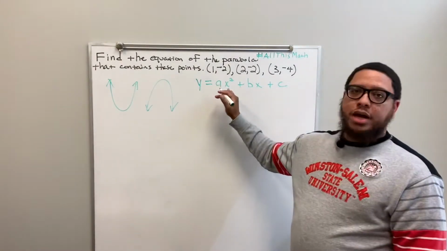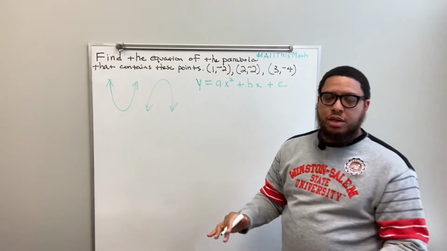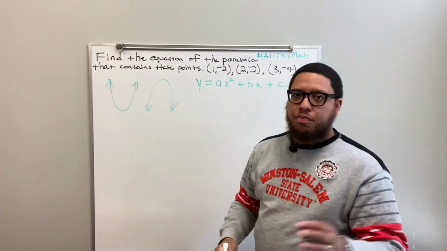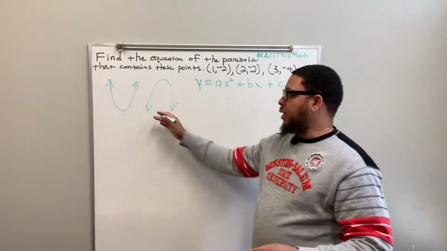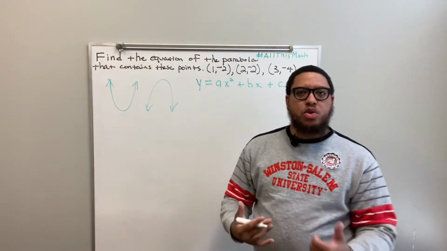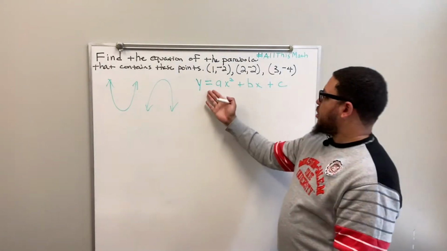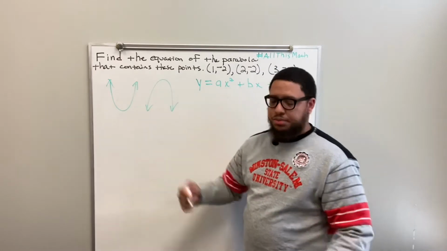So basically you have a variable raised to the second power. That's your biggest exponent. If it was a variable raised to the third power, it's not going to look like this. Fourth power, not going to look like this. If it's a square root, it's not going to look like this, right? So different types of equations got their own look, right? The parabola, well, this type of equation looks like this, either this or that. One of these two, all right?